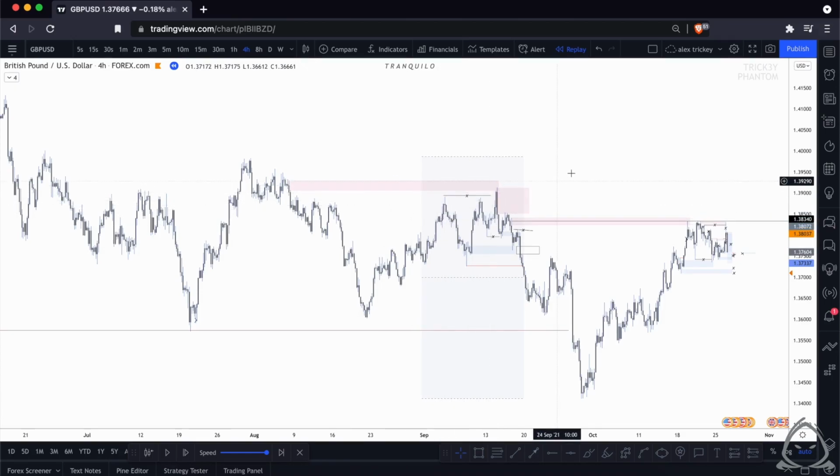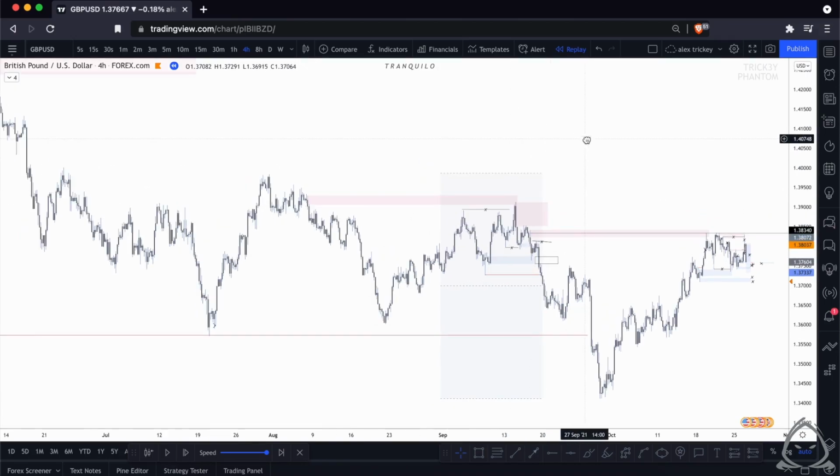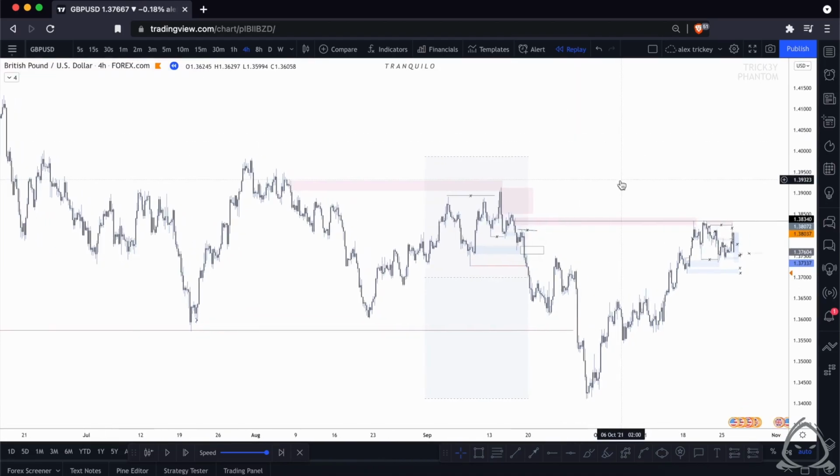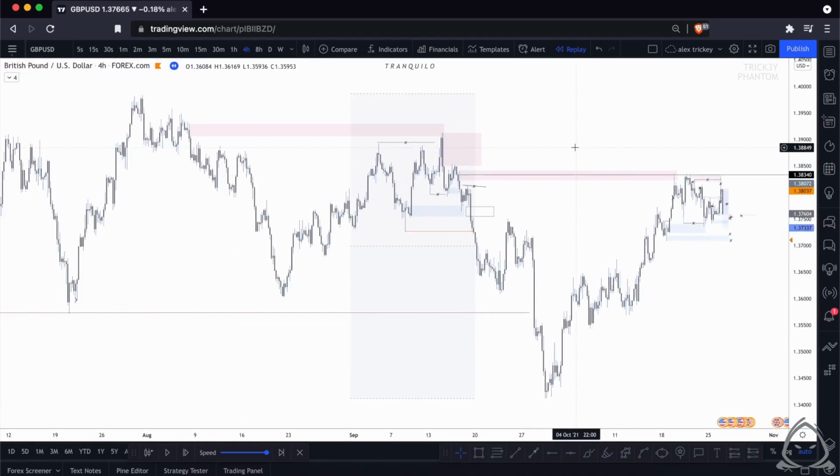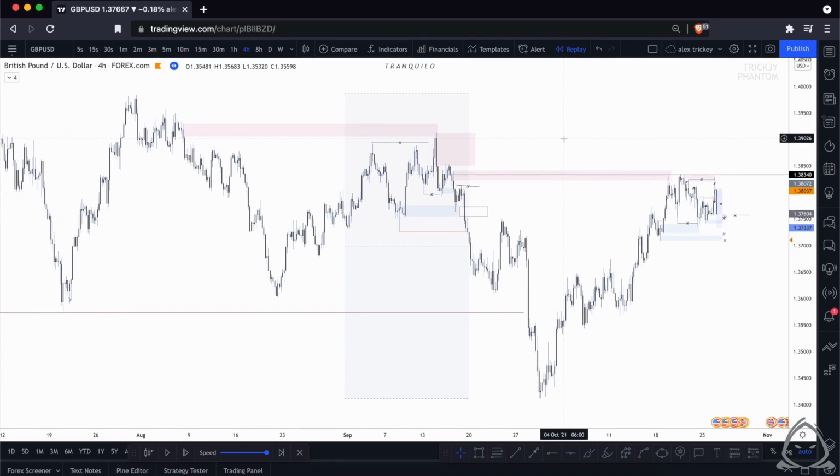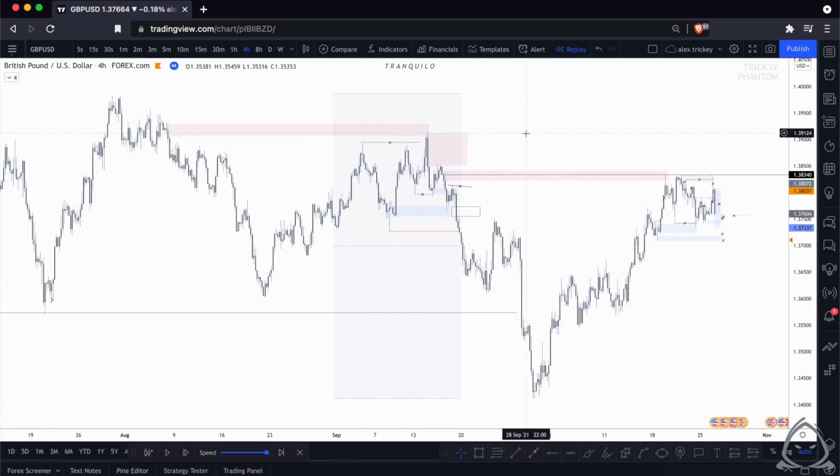So we could say demand at this point in time was in control of the market. Where did that momentum switch? Where did supply then regain control of demand before eventually coming to the downside? We can say we respected this level of supply here, sure, that's fine.